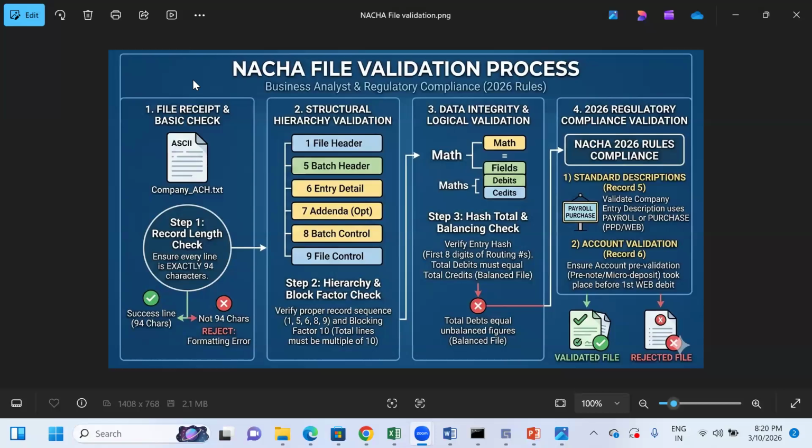These are the different validation rules from a business analyst perspective that we must know.